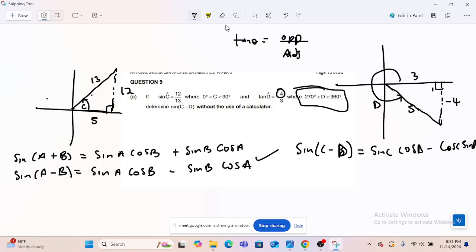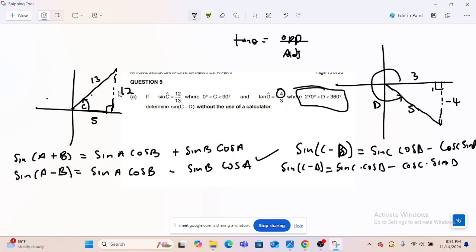Okay, let me just rewrite that here: sine C minus D is equal to sine C cos D minus cos C sine D. Now, someone can say, how can this help me?